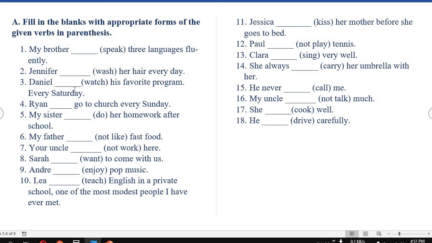So when we use she, the verb form should be different, and it would be s or es at the end of the verb, right? So Jennifer washes. Here the spelling will be W-A-S-H-E-S, washes. Speaks, first one, and second one is washes.